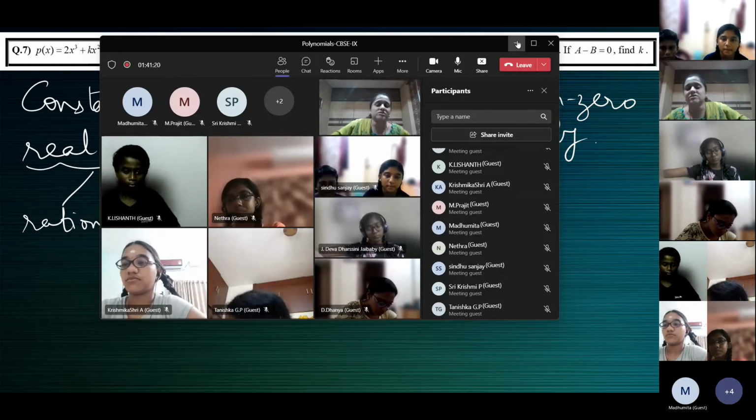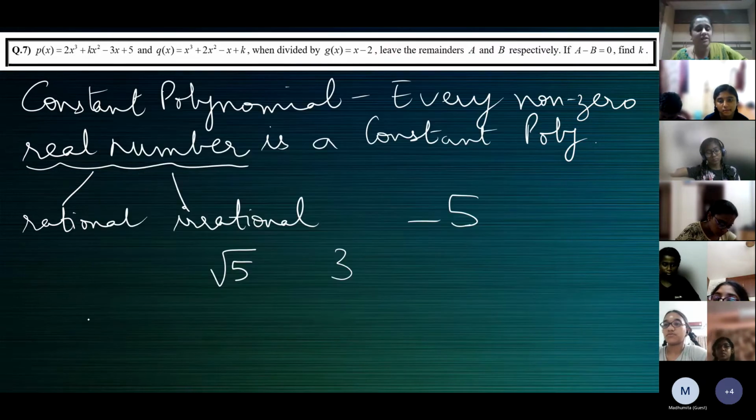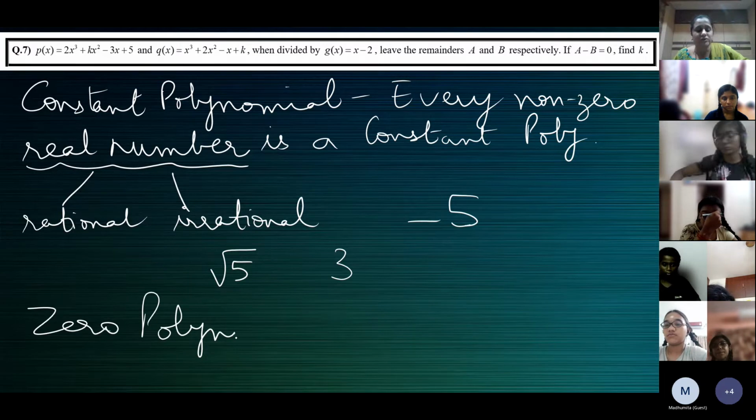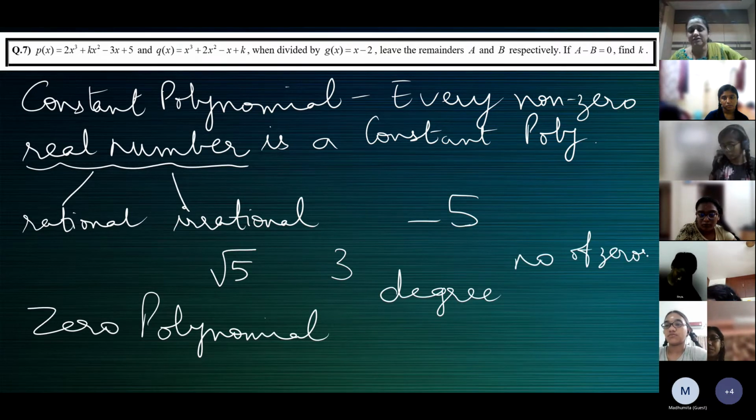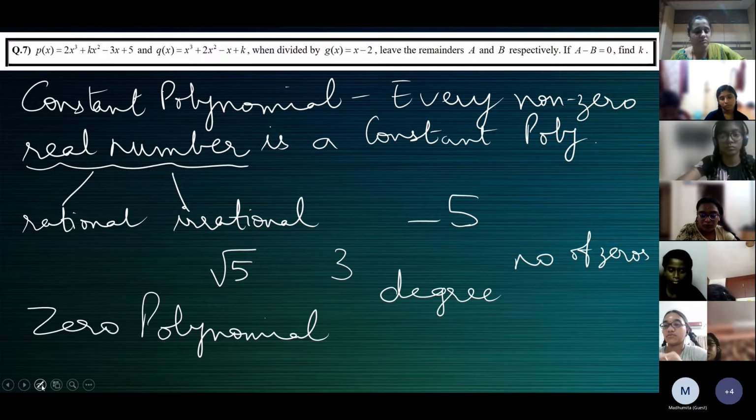Children, we need to discuss constant and zero polynomial, because this is very important. We need to discuss their degree and the number of zeros. I think we'll take it up in the next class. I'll just give the definition now.